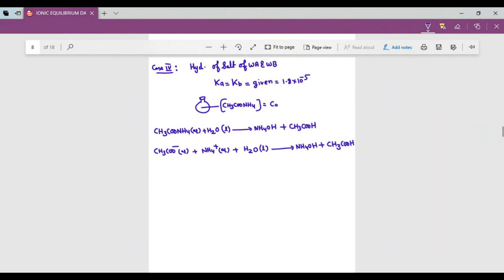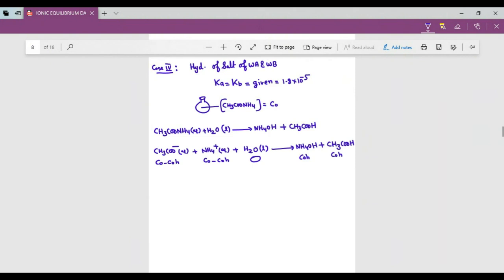Okay, so that's why if I write what is the concentration at equilibrium, this will be C0 minus C0h, because the degree of hydrolysis of cation and anion both will be equal. That's why I'm writing like that. This will be C0h. This is solvent. So C0h and C0h.